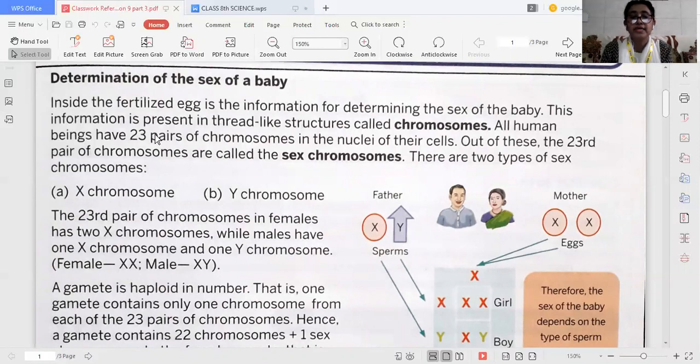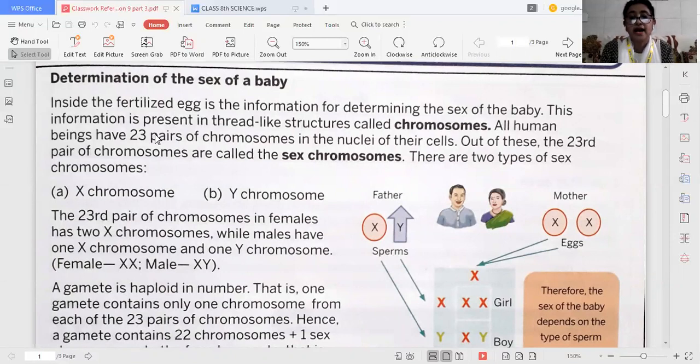All human beings have 23 pairs of chromosomes, and the 23rd pair of chromosomes is called the sex chromosomes. Out of these 23 pairs, 22 are autosomes, and they are the same in male and female. But the 23rd pair of chromosomes, which is known as the sex chromosome, is different in male and female.